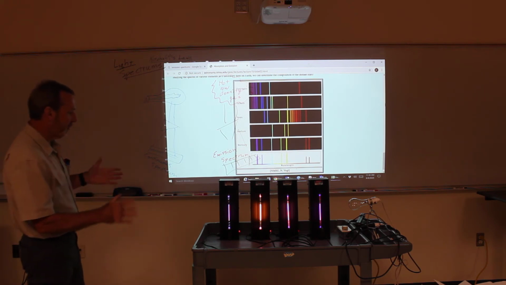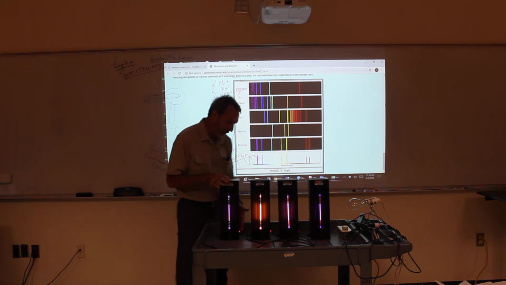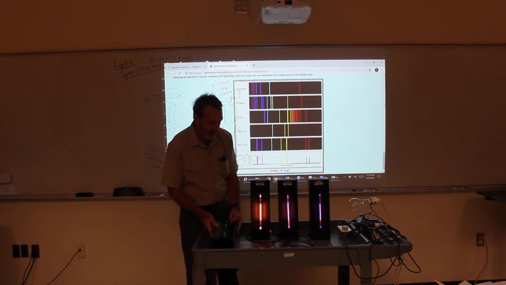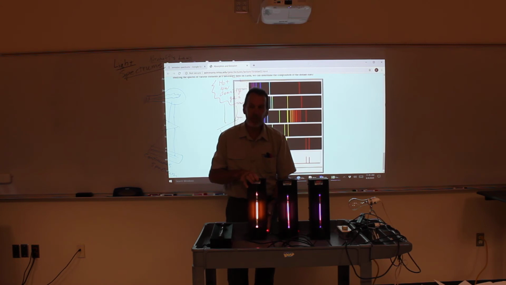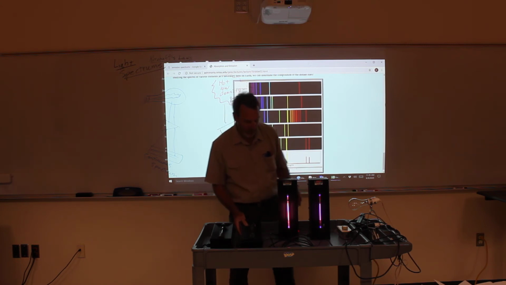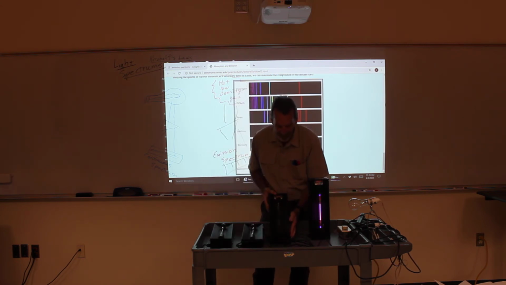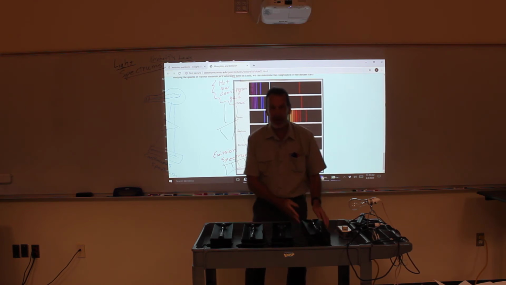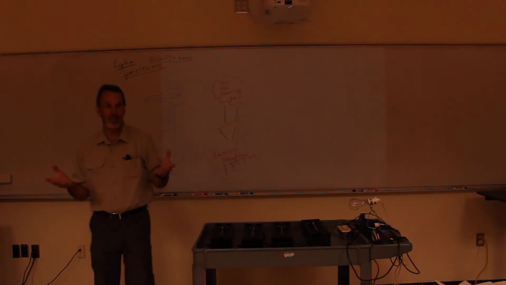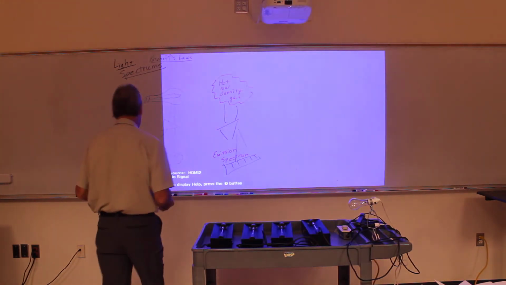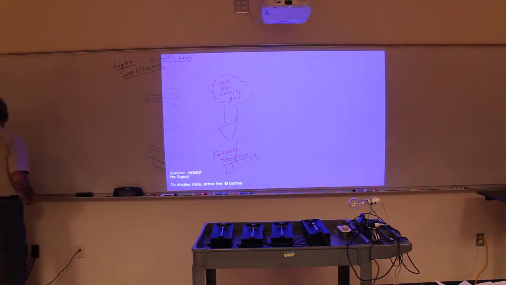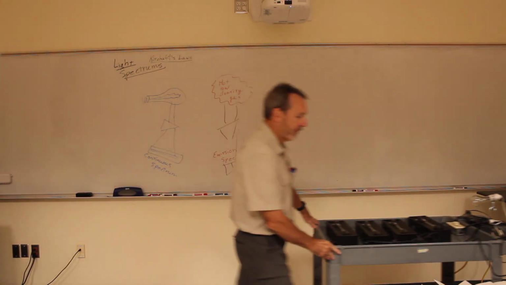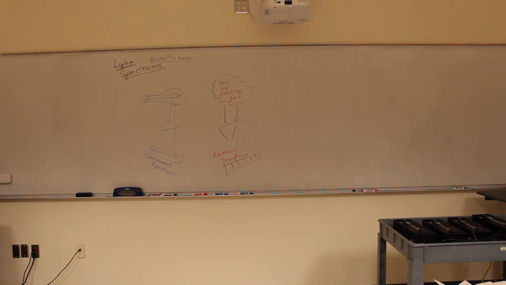So each of those spectrums, the most important thing to learn from this is that every single element has its own unique spectral signature. Every element out there, if we can see the light and we can run it through a prism on a telescope, we can figure out what the object is made of.